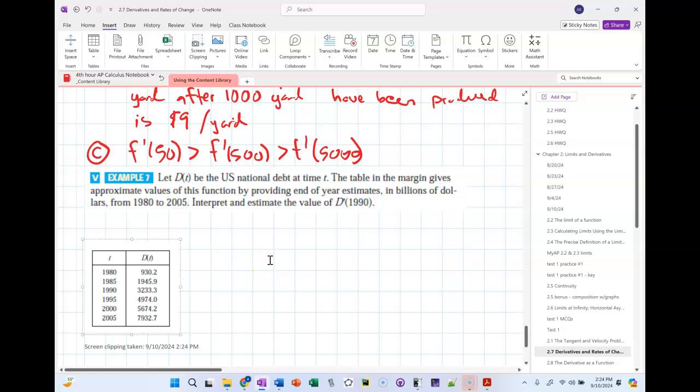It gives approximate values of this function by providing end-of-year estimates in billions of dollars from 1980 to 2005. Interpret the results, and estimate the value of D prime of 1990.